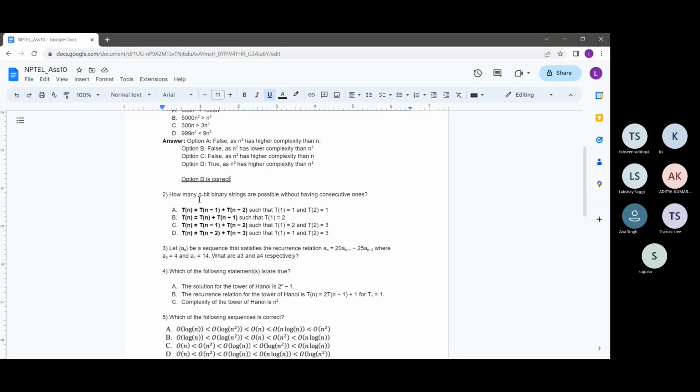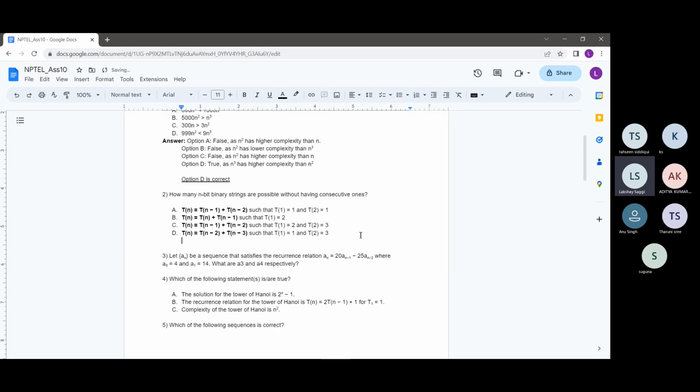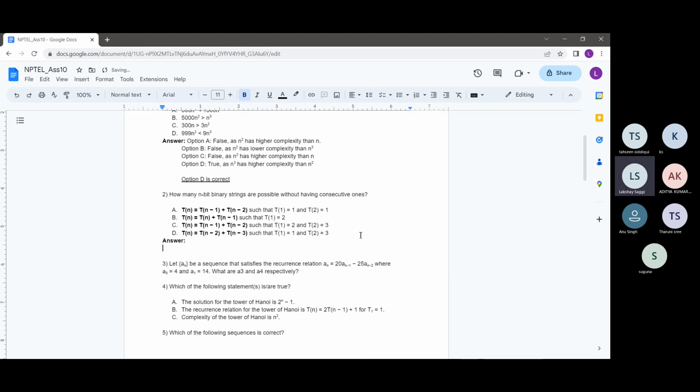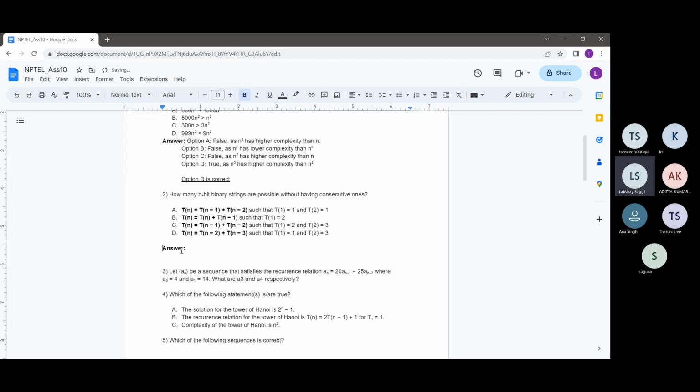So now let's get to the second question then, if this complexity question was clear to everyone. It's a multiple choice question, but I guess it's a very basic recursion question only. It's asking how many n-bit binary strings are possible without having consecutive ones.